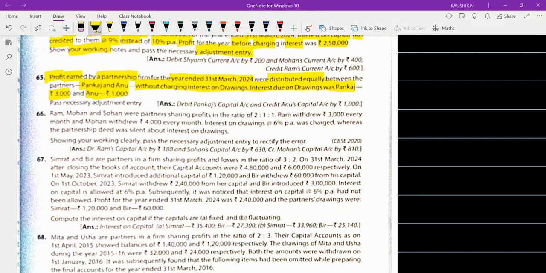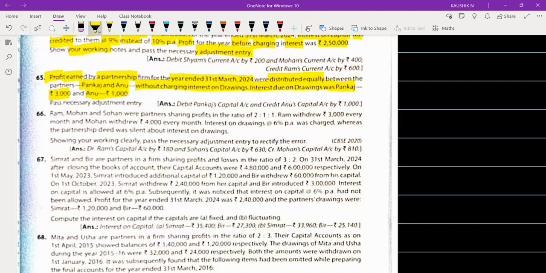Okay, so look at the concept. They said there are two partners, Pankaj and Anu, who are sharing the profits equally, and the firm has distributed the profits earned during the year to those partners without charging the interest on drawings.